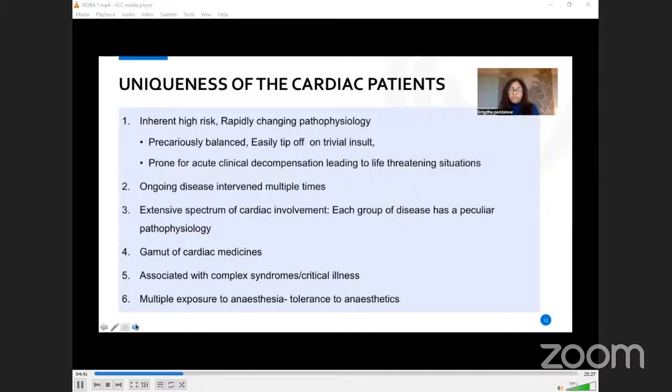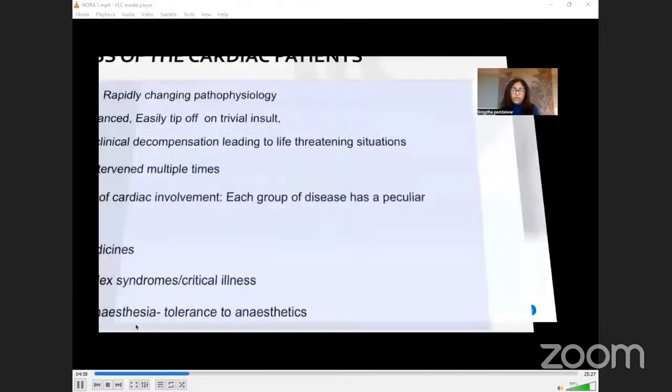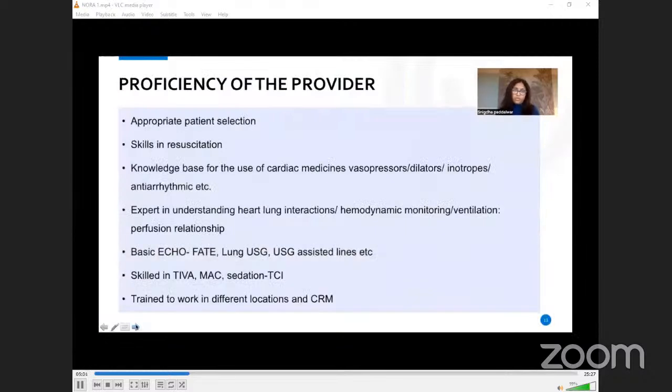They are on a gamut of cardiac medicines, which can have drug-drug interactions with our anesthetic agents, are associated with complex syndromes, and are exposed to multiple drugs and multiple anesthetics. And that's why they become tolerant to anesthetics, and sometimes dosing them for anesthesia is difficult.